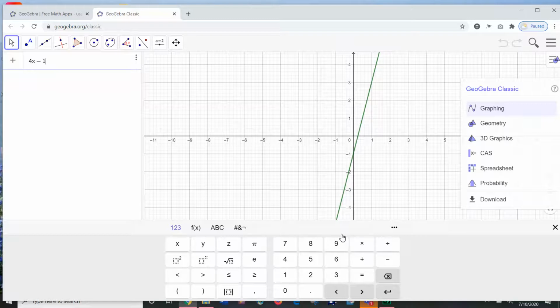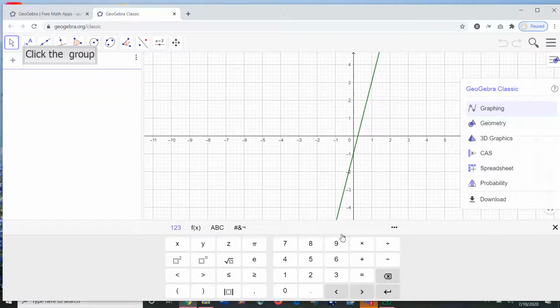We know that it does not pass through the origin, but it does pass through -1. The point where the graph crosses the y-axis is called the y-intercept. So we would say that this graph has a y-intercept of -1.